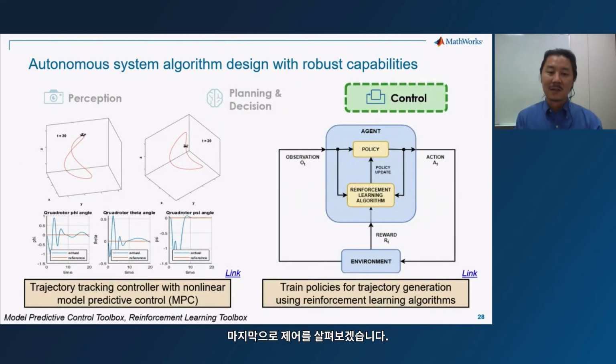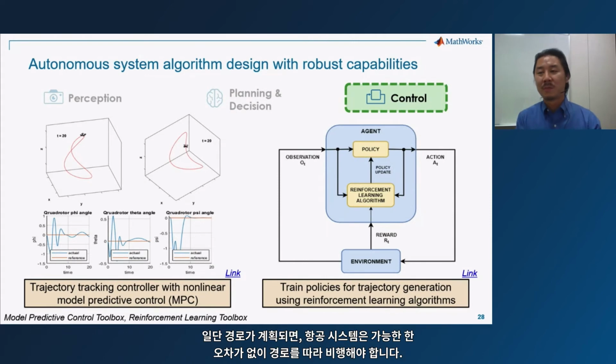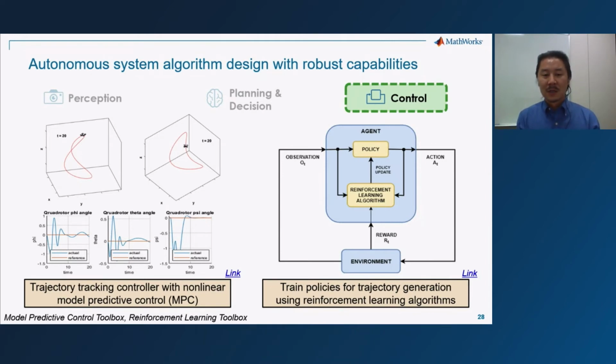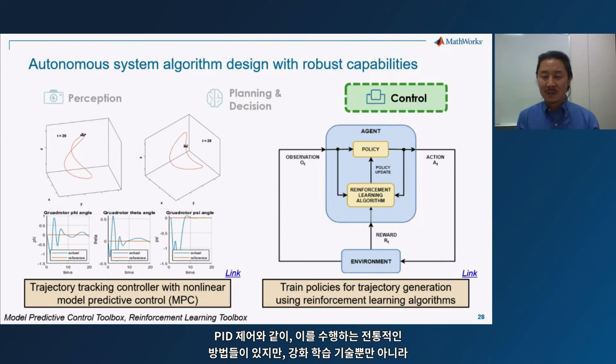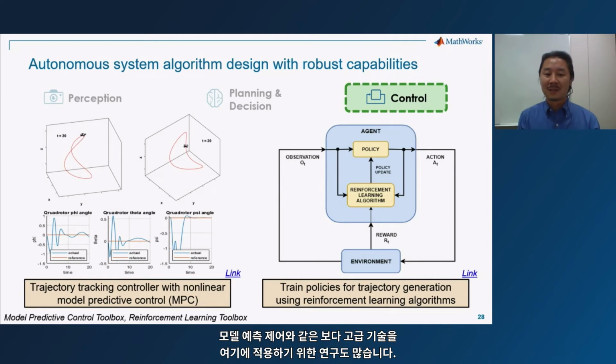And lastly is onto controls. So once the path is planned, the aerial system needs to navigate along that path with as little error as possible, right? There are some traditional methods such as PID controls for this, but there is a lot of research into applying more advanced techniques such as model predictive control as well as reinforcement learning techniques.